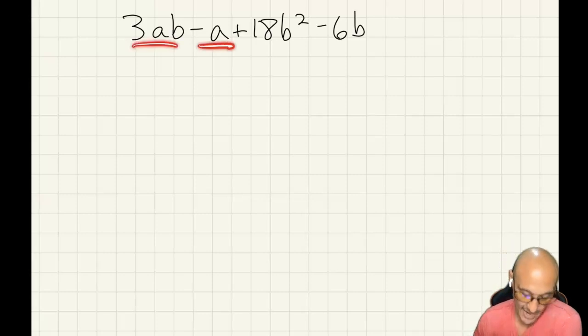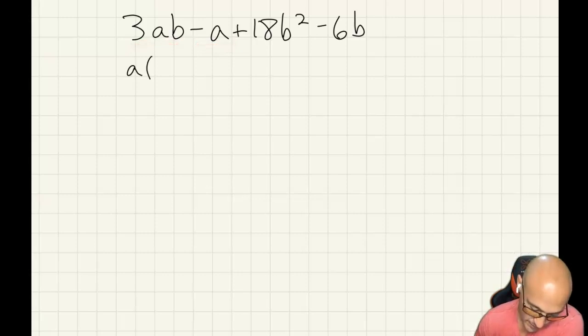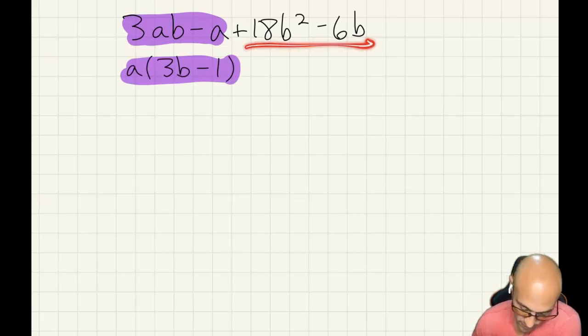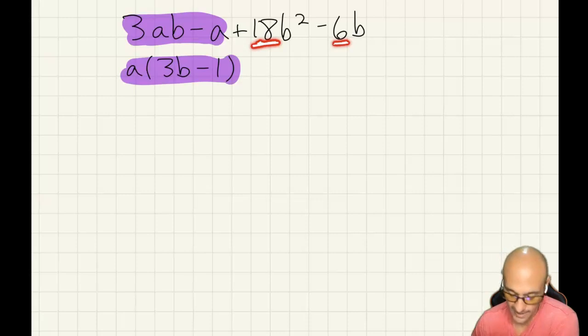So what I see is that a can be factored out of both of those terms. So I'm going to have a times the quantity. A times what is 3ab? 3b. A times what is negative a? Negative 1. So right here, I rewrote that. Now we're going to factor here, and I see that 6 is a factor of 18 and 6, and b is a factor of b squared and b.